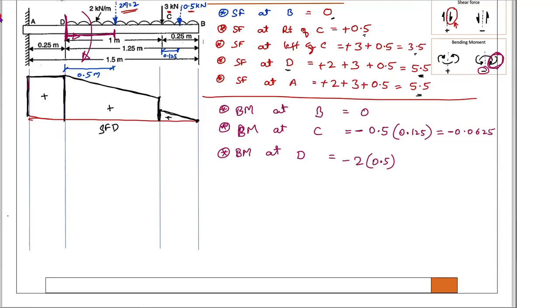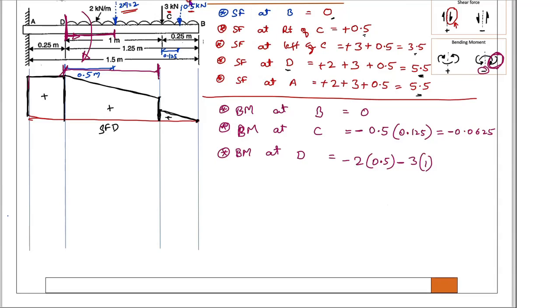Now 3 kilonewton is also causing moment. That 3 kilonewton with the distance, which one, how much? It is from here to here. That is the distance from here to here. How much is it? 1 meter, perfect 1 meter. Right? That is also negative. Okay.